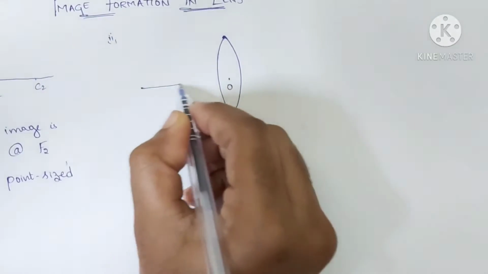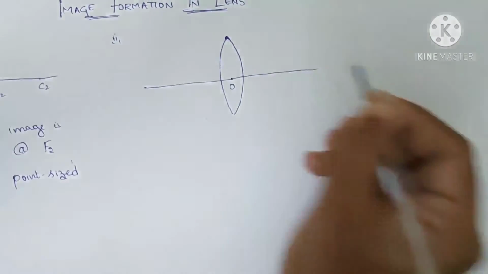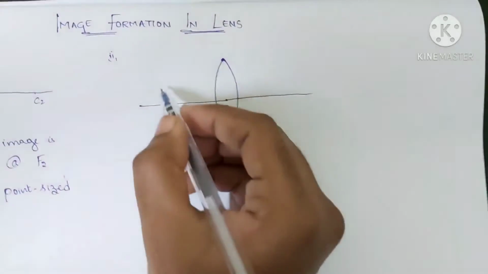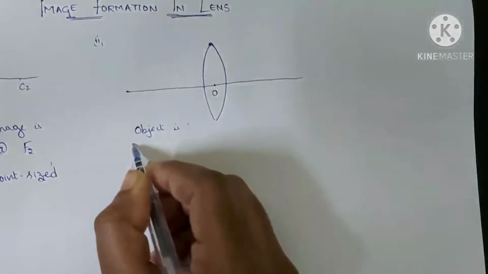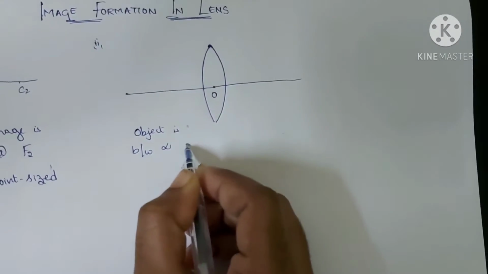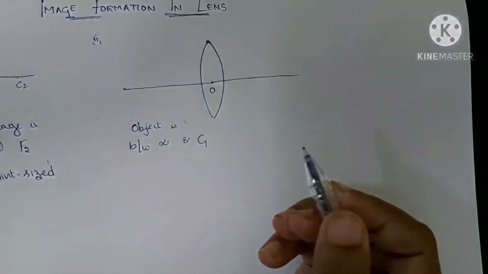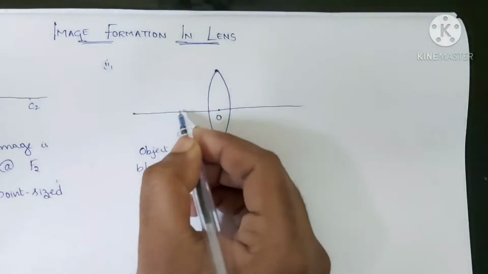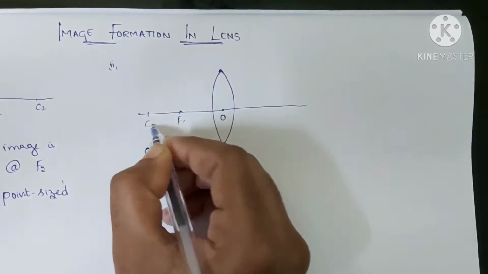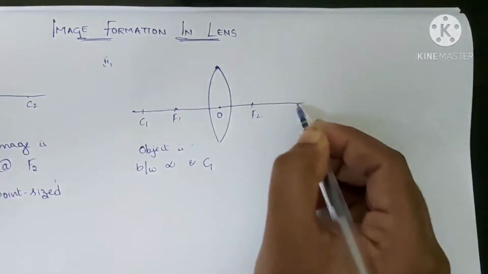Optical center. Now the object is between infinity and the center of curvature C1. Now you have to find where the image would be. F1, C1, F2, C2.